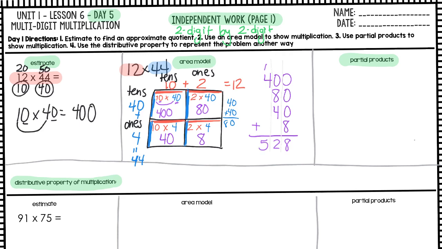So when we look at our answer and we look at our estimate, they're not that close. Okay? And this is because in multiplication, when we are estimating, we estimated both of these numbers to be lower than the actual number.